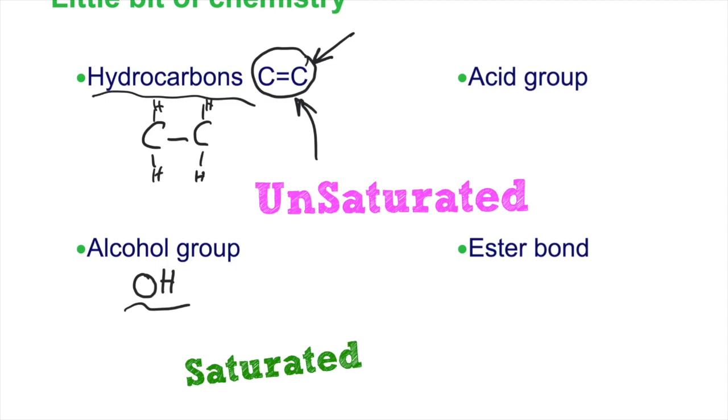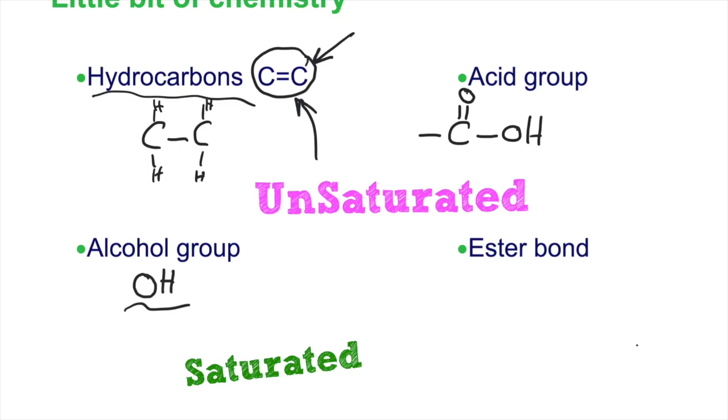An acid group is always made up of carbon attached to an oxygen with a double bond with an OH. So this acid group is found in fatty acids and is also found in amino acids. So that's a general carboxyl group which you find in both fatty acids and amino acids, or in generally all organic acids.